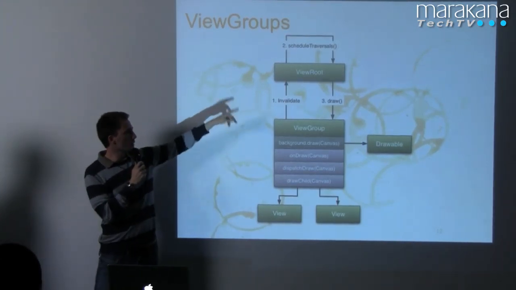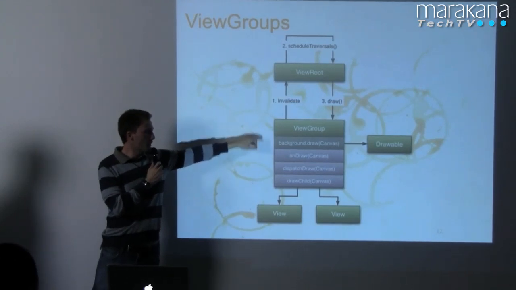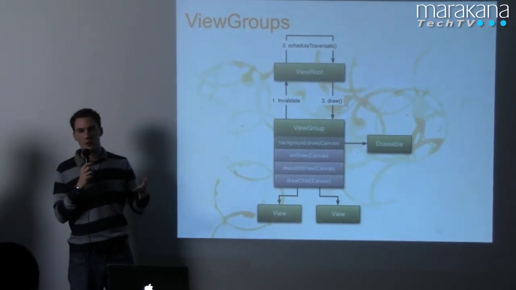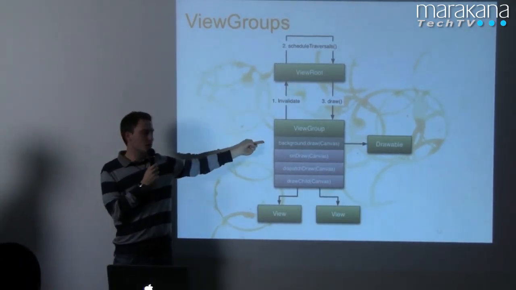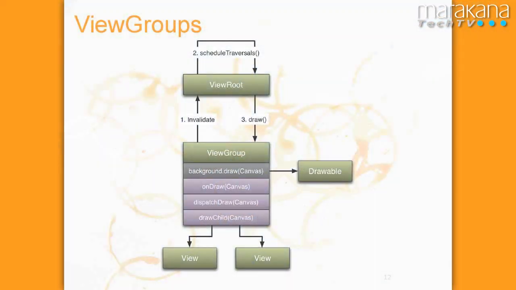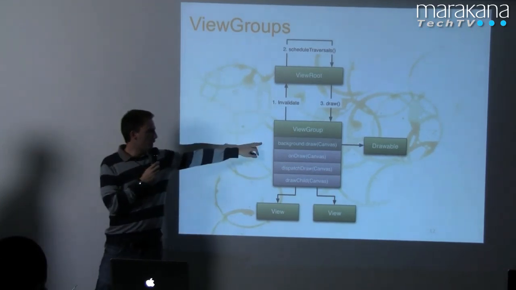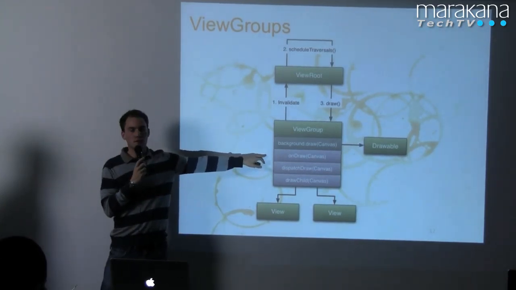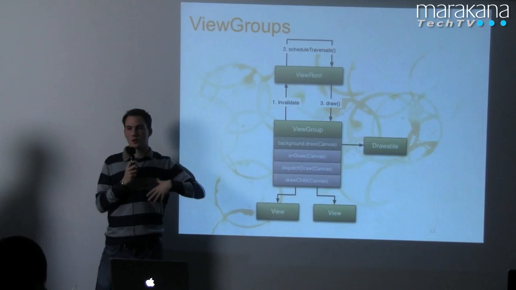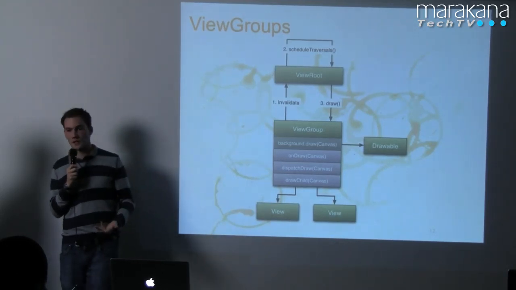So from scheduleTraversals, we call the draw method on the view group, and the view group will basically perform four operations. It will first draw its background, and the background is what we call a drawable, as it has a draw method. So we have bitmap drawables, we have color drawables. There's a bunch of different drawables you can use, and they can be declared from XML. After drawing the background, we call onDraw. The role of the onDraw method is to draw the content of the view group itself.